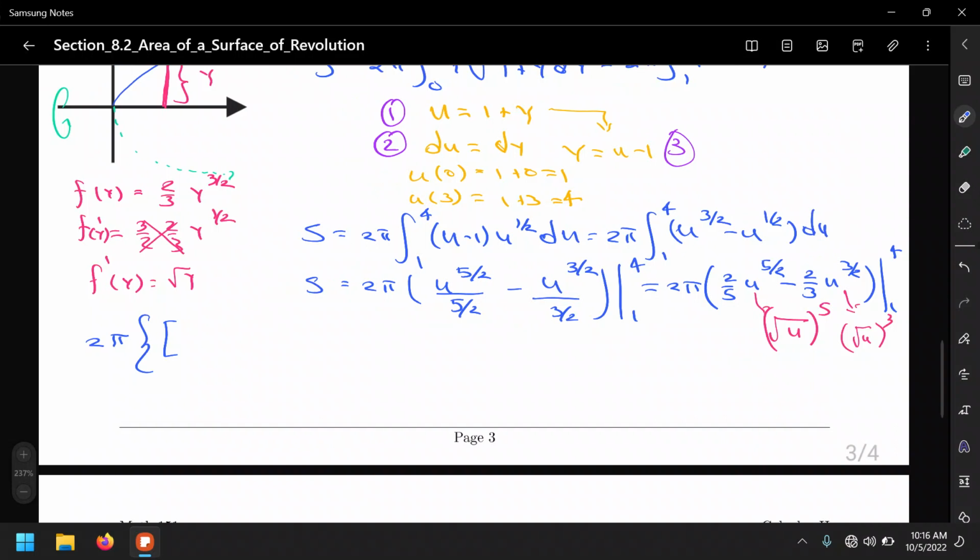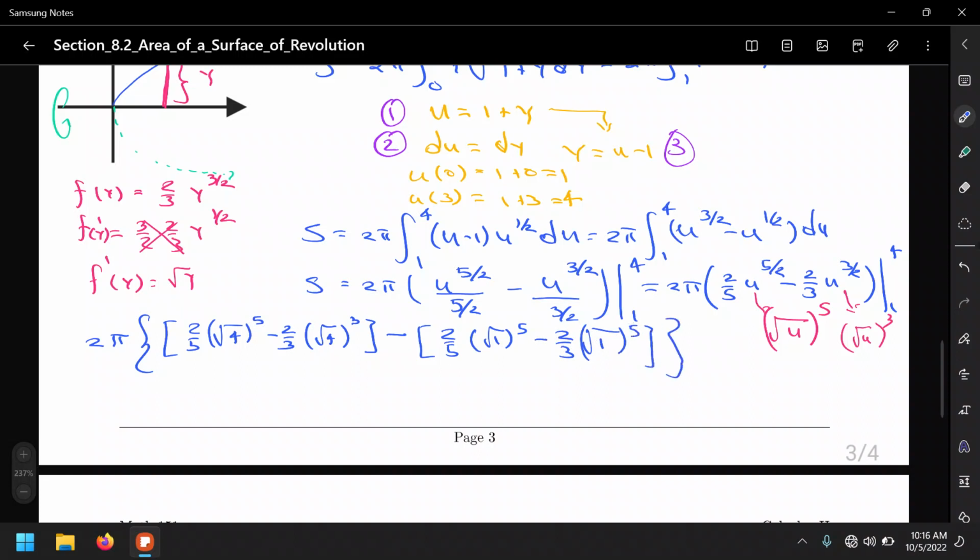So that's 2/5 square root of 4 to the 5th power minus 2/3 square root of 4 to the 3rd power, minus, in this case, 2/5 square root of 1 to the 5th power minus 2/3 square root of 1 to the 3rd power. Well, this second term is going to be relatively easy to simplify because that's just the square root of 1.